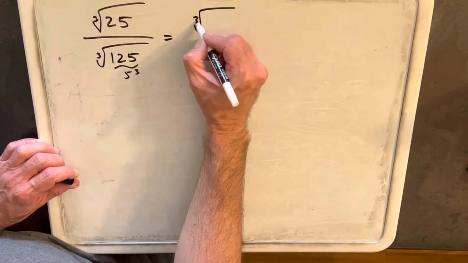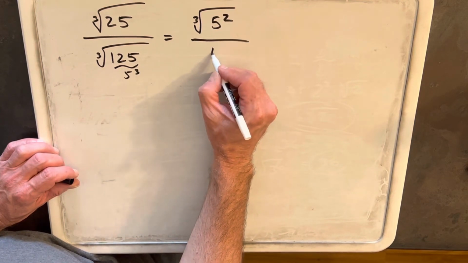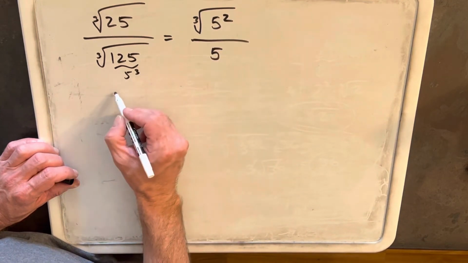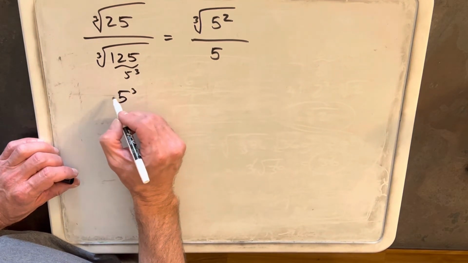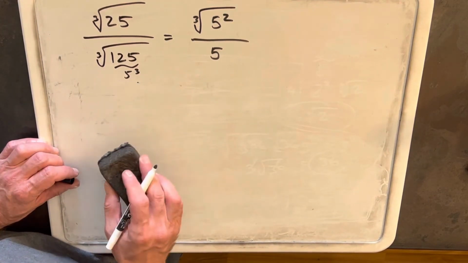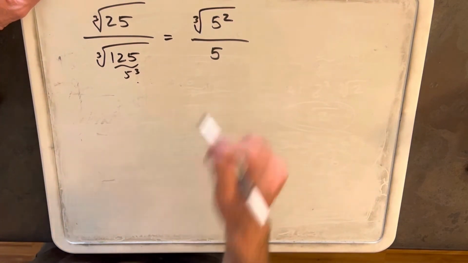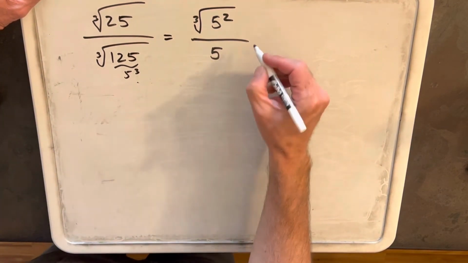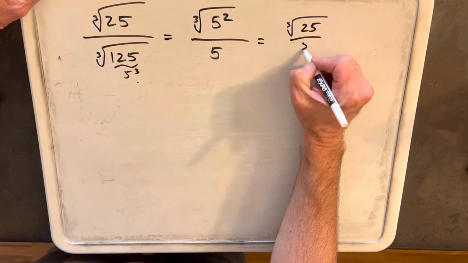So we could write 5 squared on top, but then this is just 5, as we've got the cubed root of 5 cubed, which is just 5. But we can't really reduce the top, so we're just going to end up with the cube root of 25 over 5.